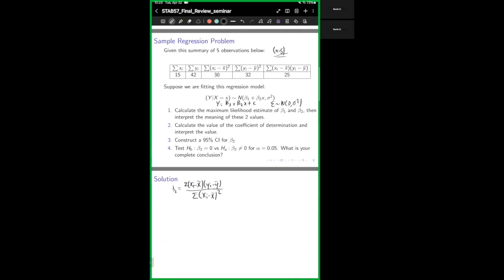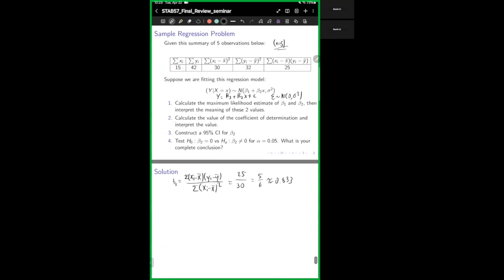Naturally, given above, we already have these values. The value above is equal to 25, and the value below is equal to 30. So we are already given our answer, which is 5 over 6, approximately 0.833. That one wasn't too hard.